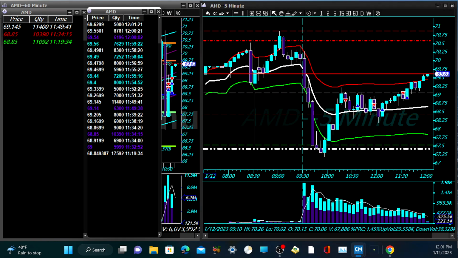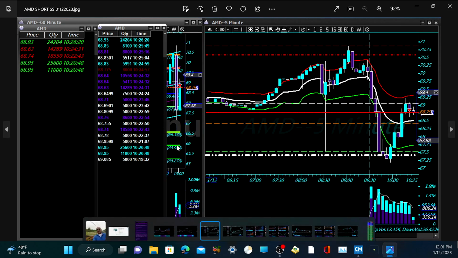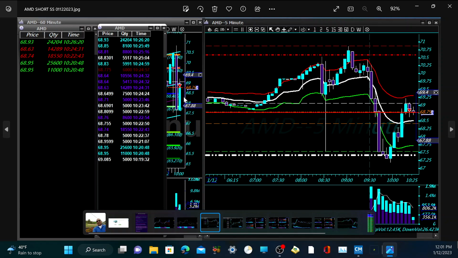Let me see if I could pull up something here real quick. Right, so this was a screenshot of, I think, the first trade. Yeah, this was the first trade. So you see how it came up here. See what I'm looking at on the level 2, I mean the time and sales right here. Now this kind of spoiled the action right there when they had these big buys, right?